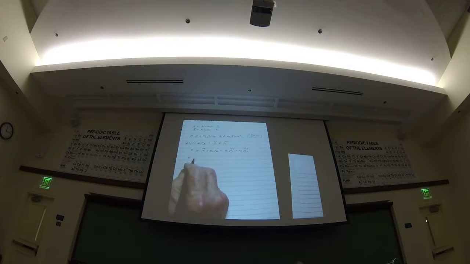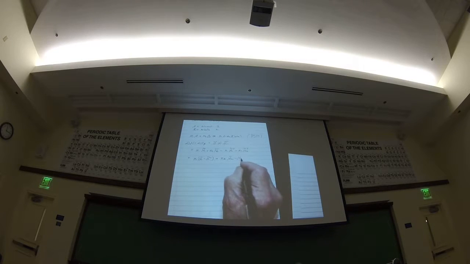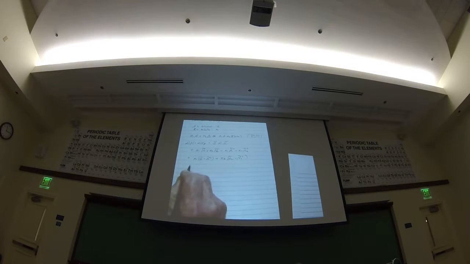And we can rewrite that as N1 (H1 bar minus H1 0) plus N2 (H2 bar minus H2 0), which is N1 L1 bar plus N2 L2 bar.